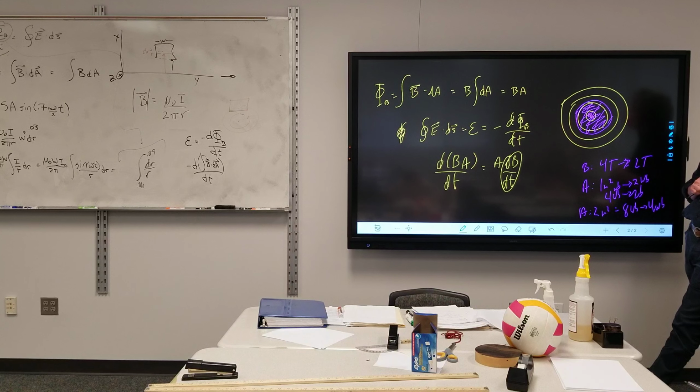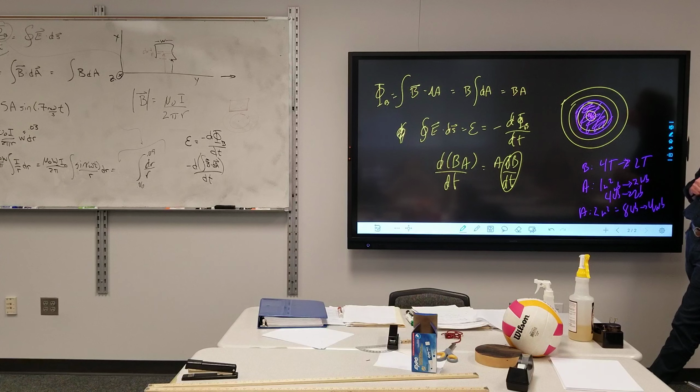So for all of them, the ratio of the change will be the same? The ratio of what?